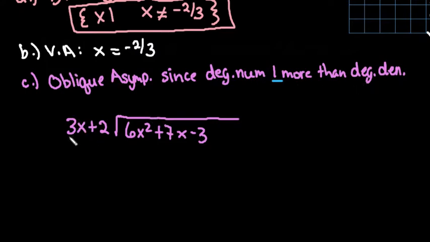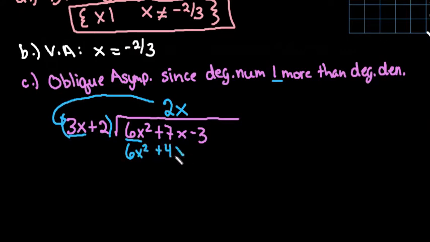So to do long division, remember what you do is you figure out what would I multiply 3x by to get 6x squared. I need 2 times 3 to give me the 6, and x times x would give me x squared. Then we take this value and distribute it into this expression. So we would have 6x squared plus 4x. And if you remember from long division in elementary school, we always subtract.